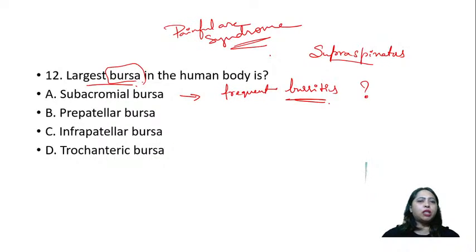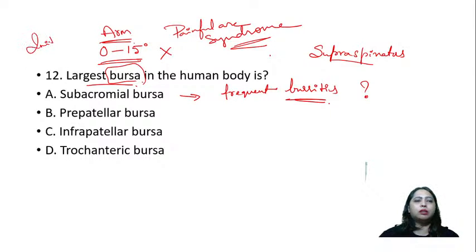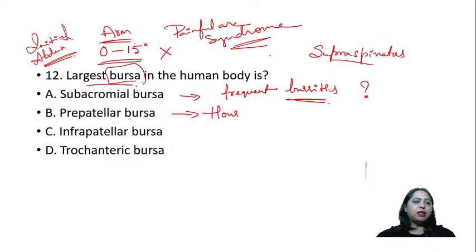Supraspinatus, painful arc syndrome, where the person will not be able to lift his arm from 0 to 15 degrees. Initial abduction not possible. Okay, deltoid has the deltoid bursa. Prepatellar, what is the clinical thing related to this? Housemaid's knee.